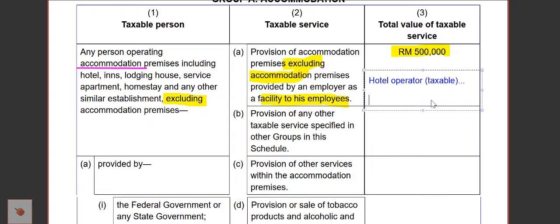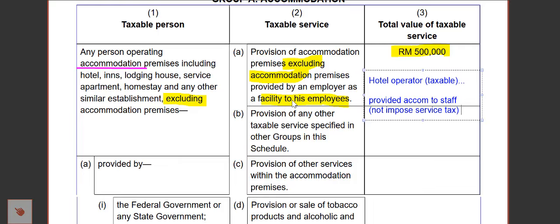In the hotel you also provide accommodation to your staff. This one you will not impose service tax on, because the definition of taxable service excludes accommodation provided to your employee.